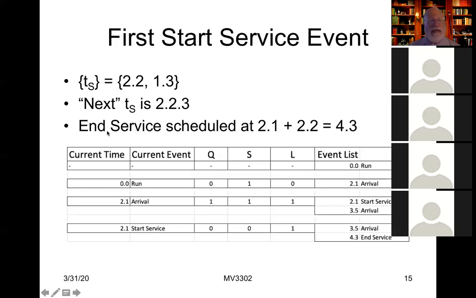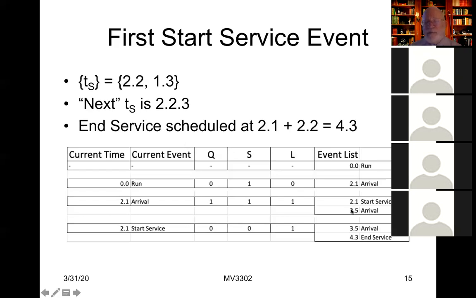Now, the end service event is scheduled at the current time, 2.1, plus the next service time, 2.2, and that is 4.3. And so an end service event has been added to the event list at time 4.3.